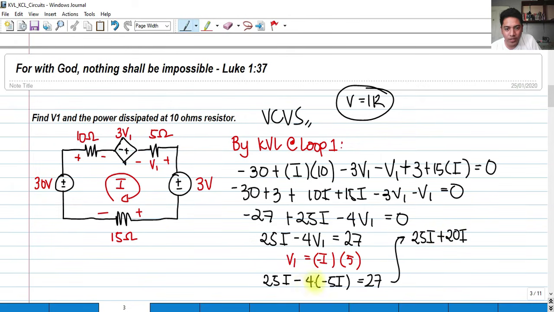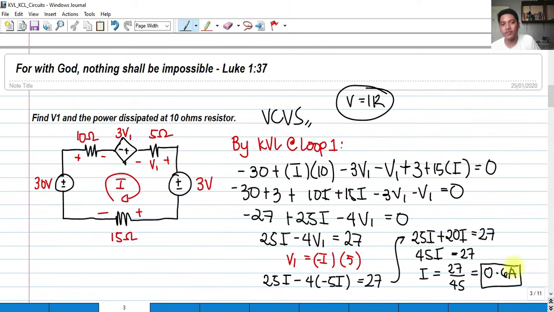The negative becomes positive, negative minus here, and negative here positive, 20i is equal to 27. So 45i is equal to 27, and I is simply 27 over 45, and that is 0.6 amperes.